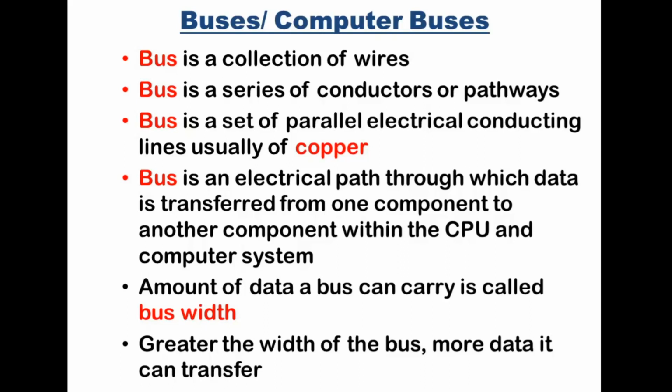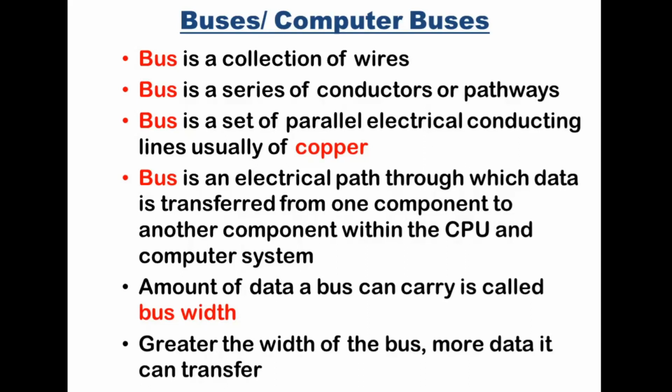What it means is more pathways, more electrical paths, more lines in the bus allow more data to be transferred from one component to another. Is it clear, boys?